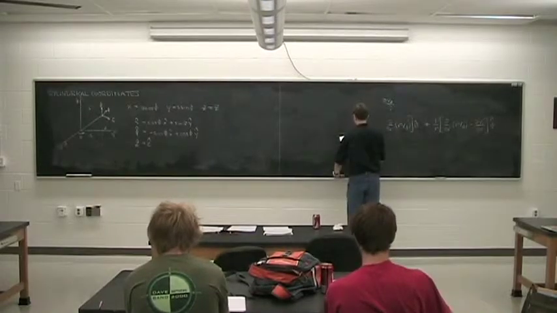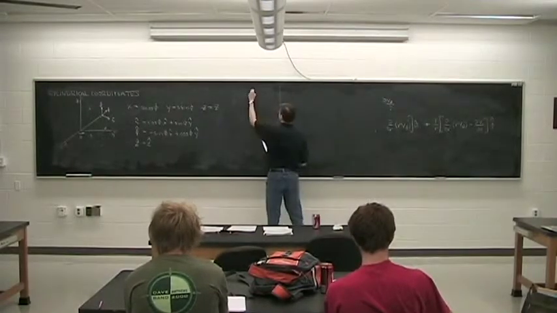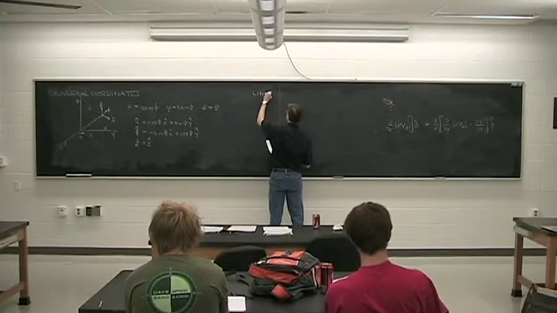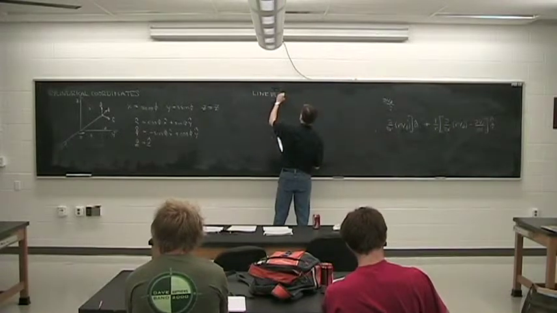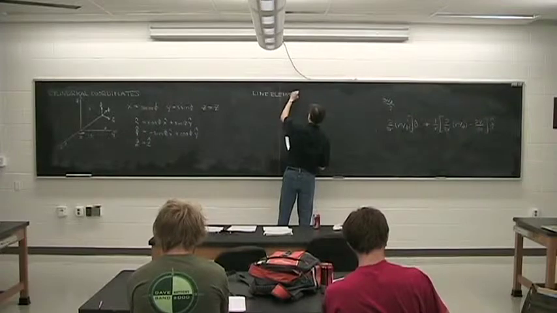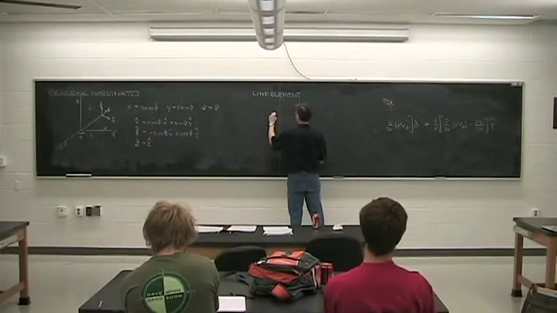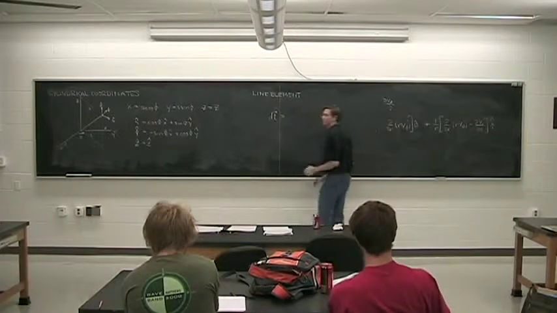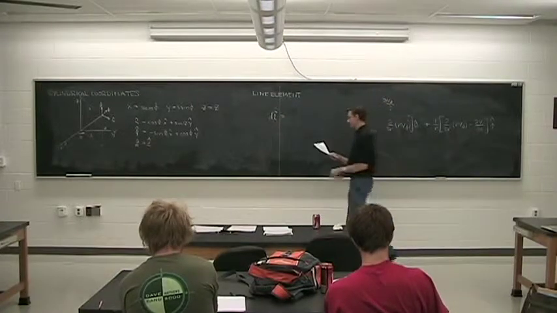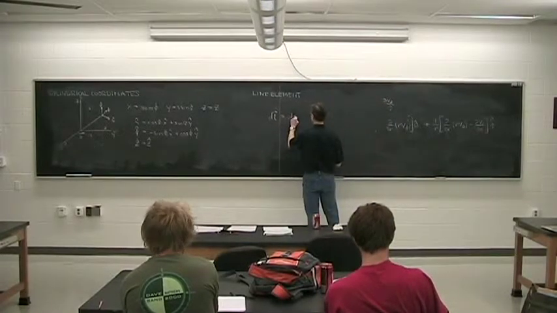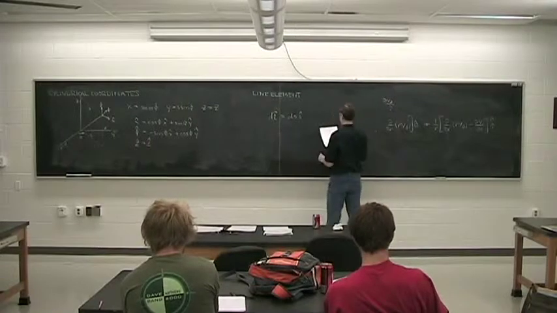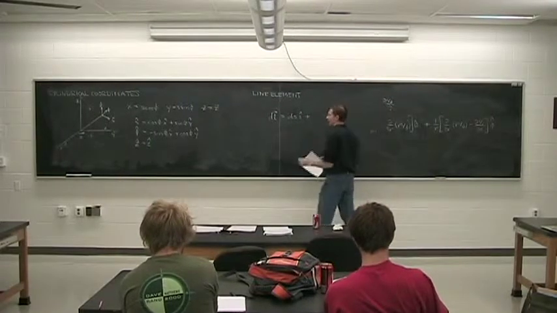Line element. Same sort of argument we used in spherical coordinates. The line element is just going to be ds in the s hat direction.